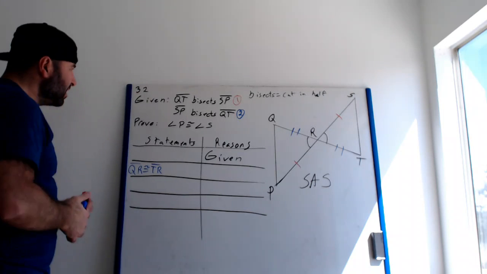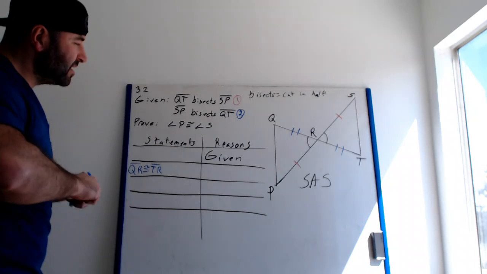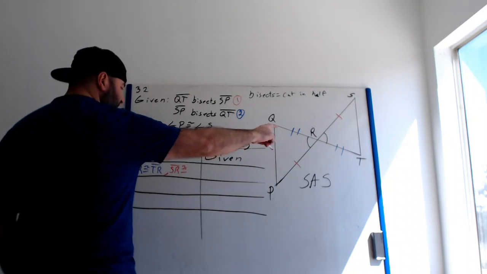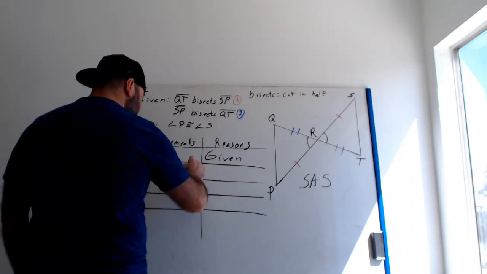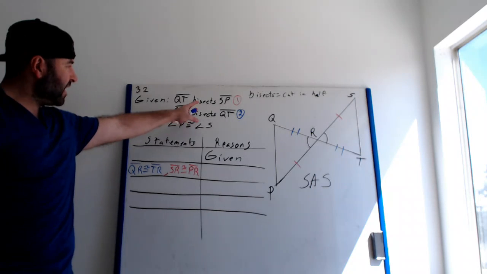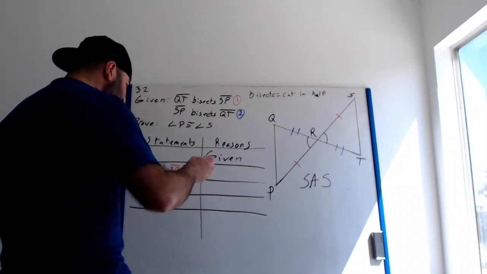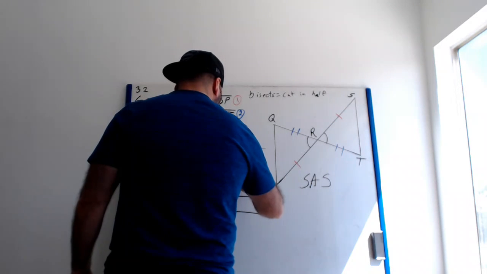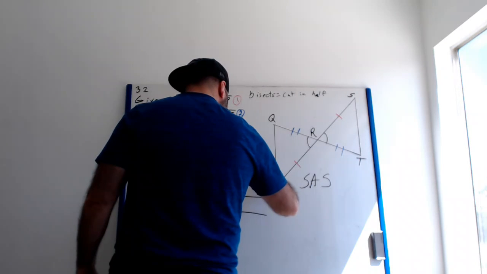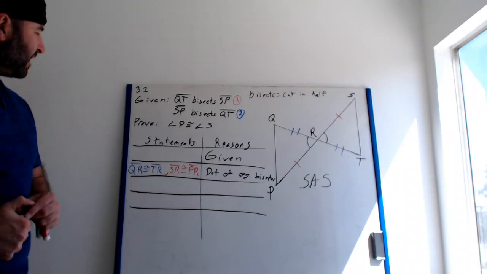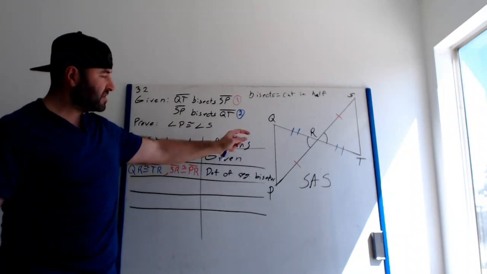And the second one that we're going to write down is that SR is congruent to PR. Okay? And both of those are for the same reason, because of that word right there, bisect. So it's going to be the definition of bisector. Definition of segment bisector, to be more precise. Okay. So then that takes care of the first and the second congruency.